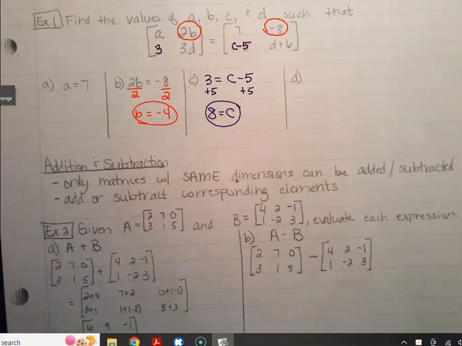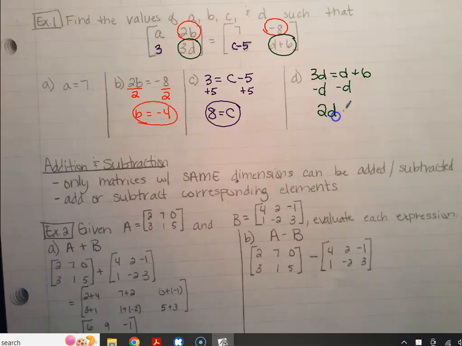Again, we're picking out those corresponding elements. So for D, 3D is in the same place as D plus 6. So we're going to say 3D equals D plus 6. To solve, we would subtract D from both sides, and we'd have 2D equals 6.